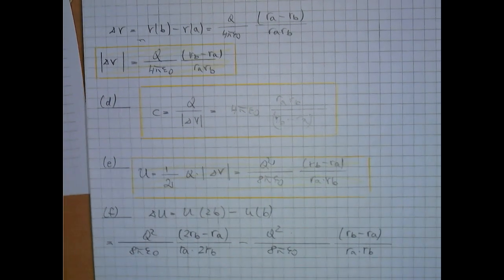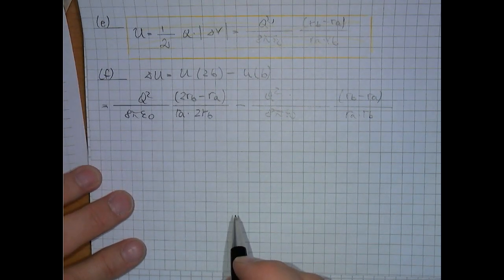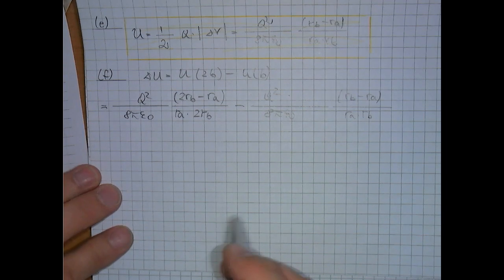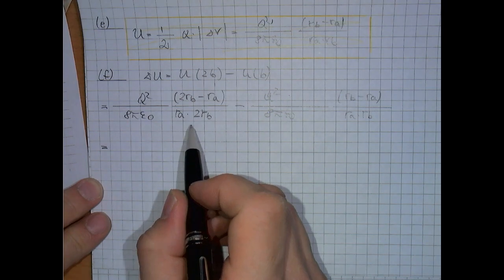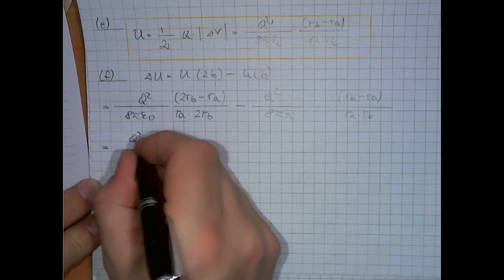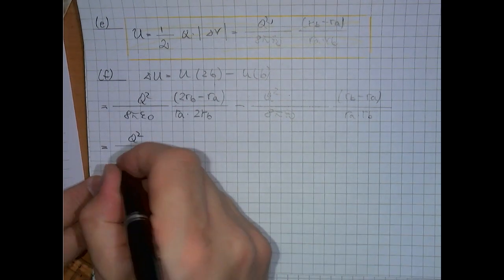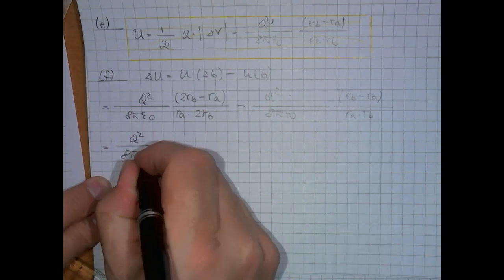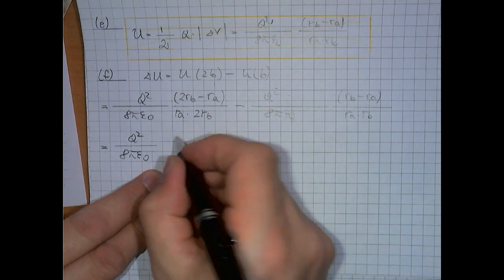So now we can simplify this a little bit. All right. We can take Q squared divided by 8 pi epsilon naught out.